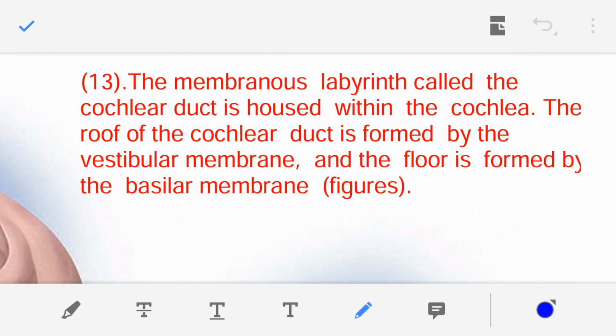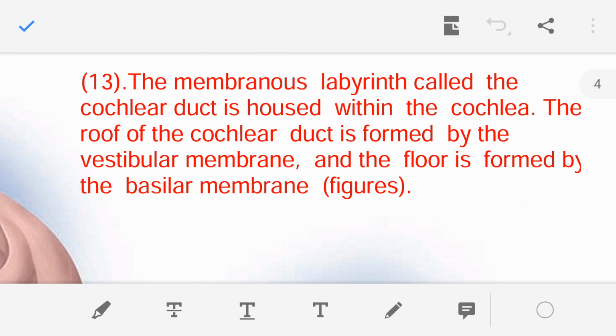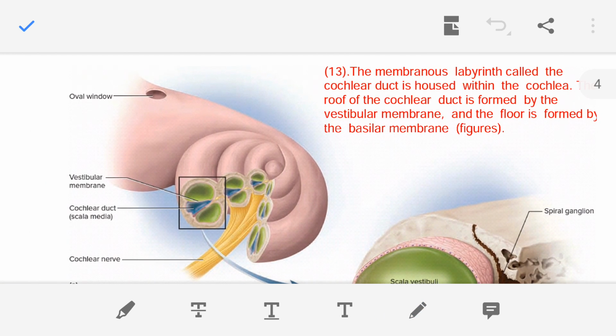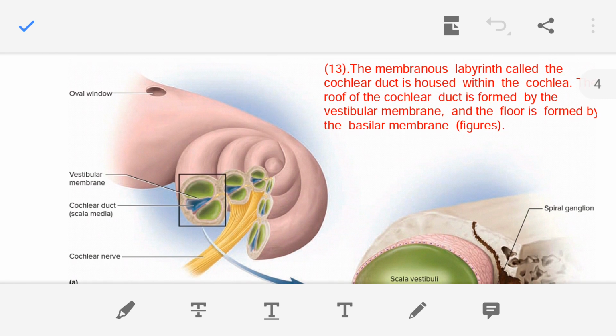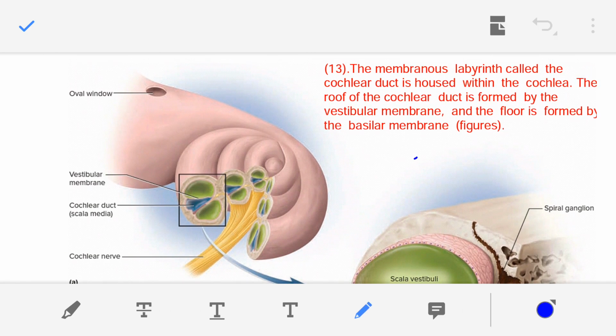The membranous labyrinth called the cochlear duct is housed within the cochlea. This entire structure is the cochlea, and inside it the membranous labyrinth is present.